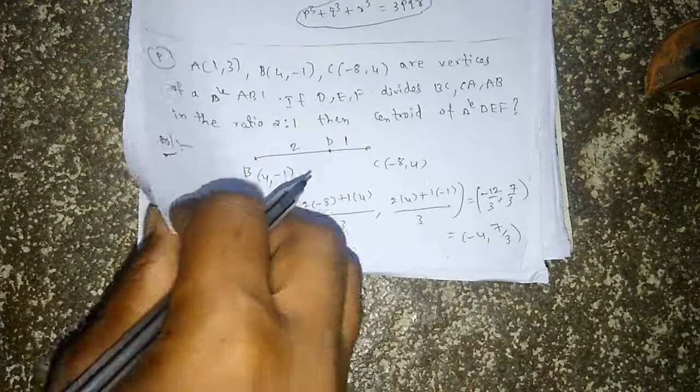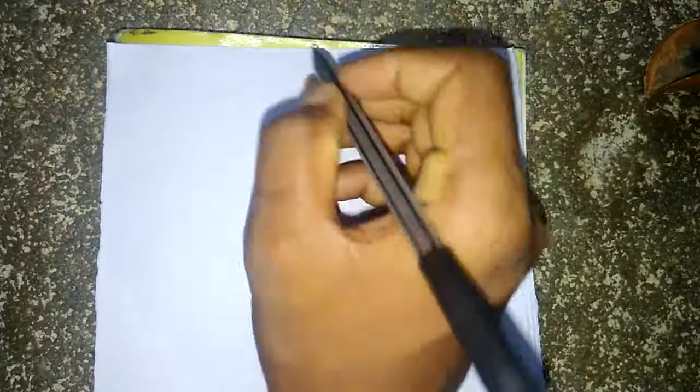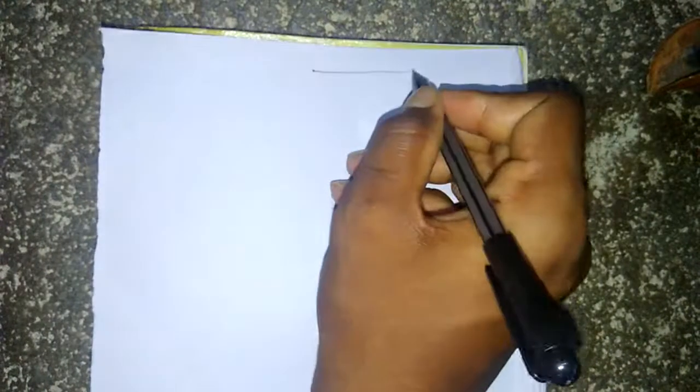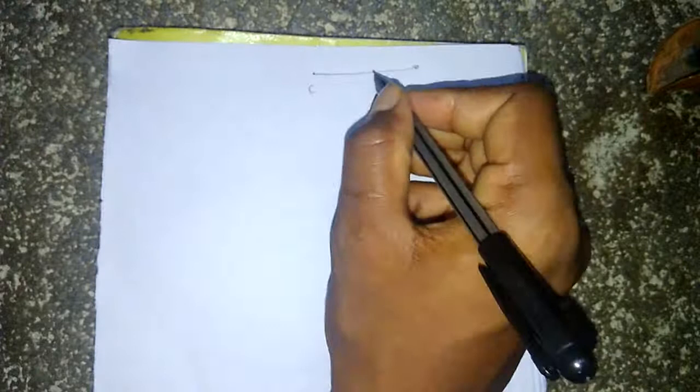That is D. Similarly, let us find E and F also. Now E divides CA in the ratio 2:1.